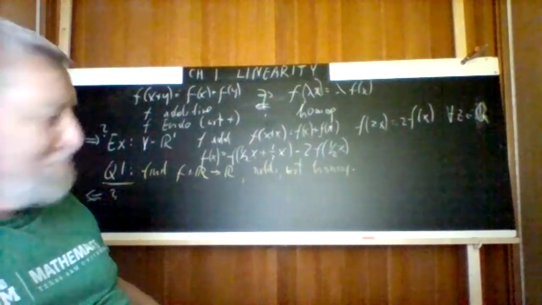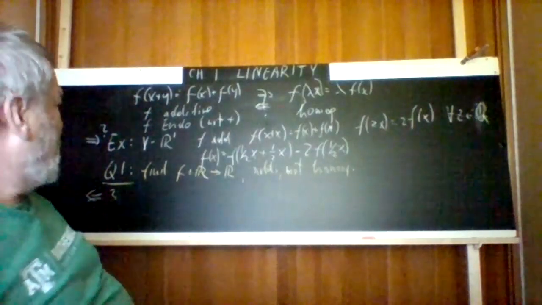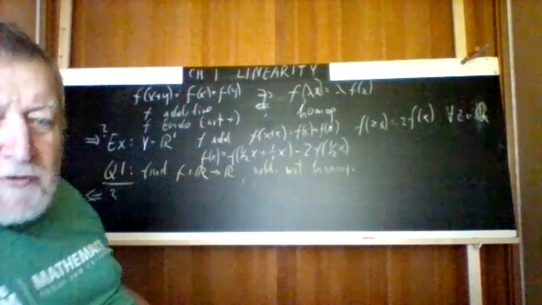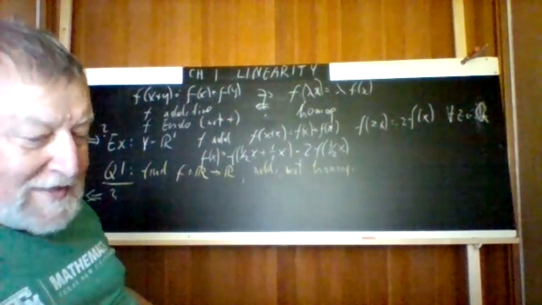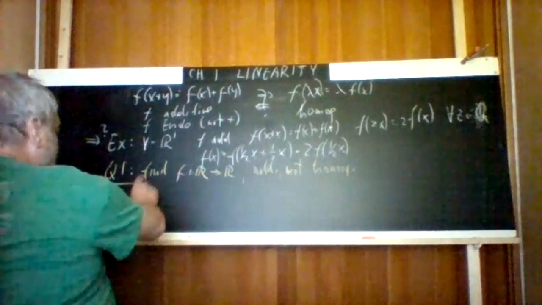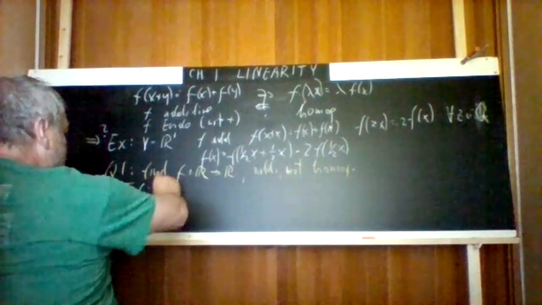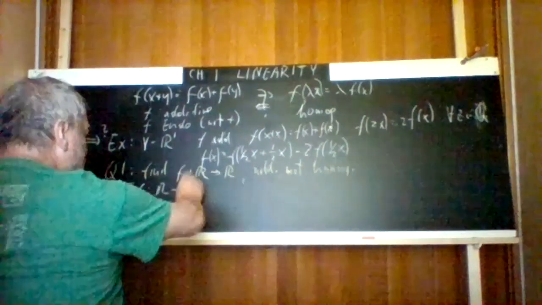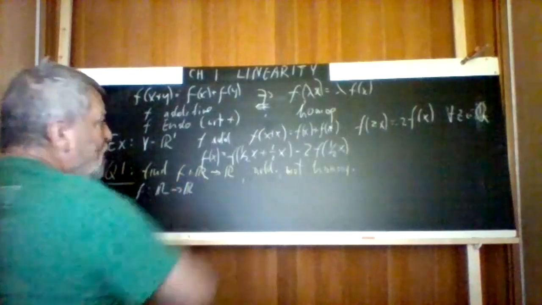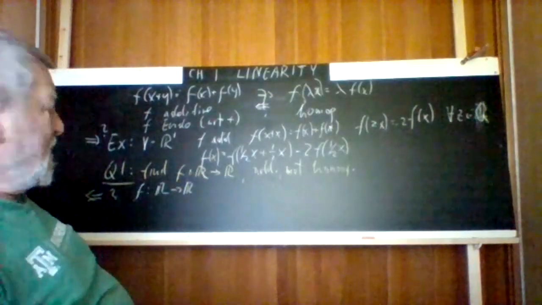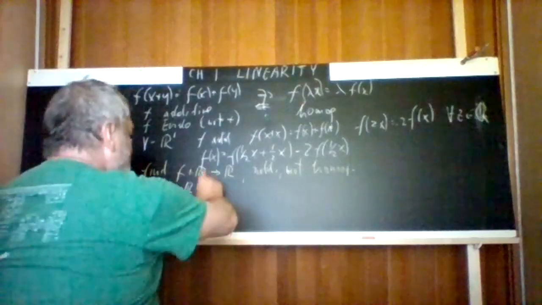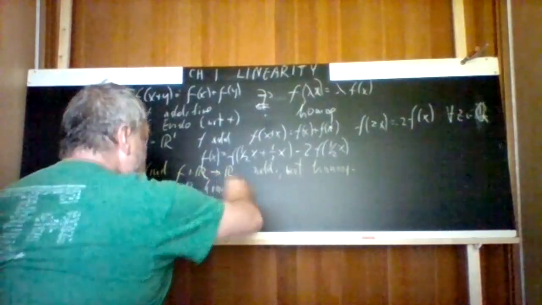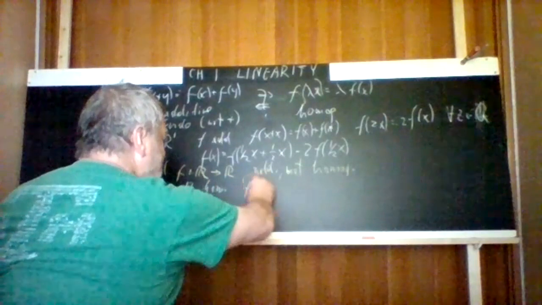And again, let's take f to be a map from the reals to the reals to make things easy, which is homogeneous. And we look at f of x plus y.